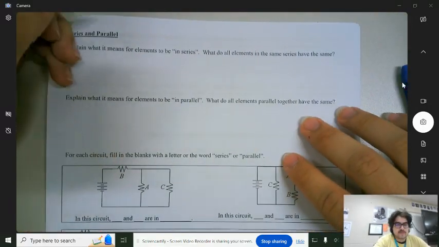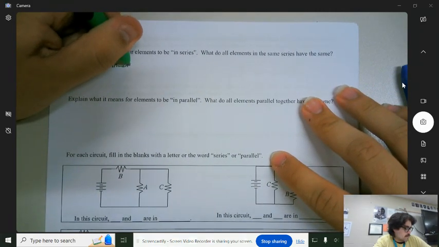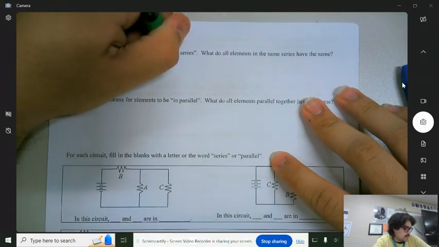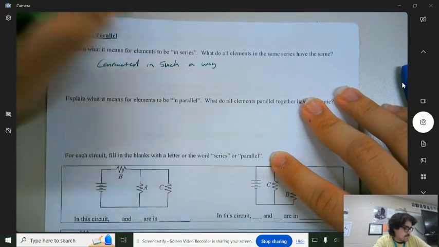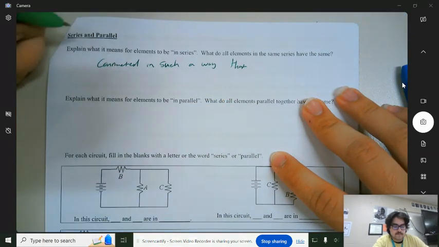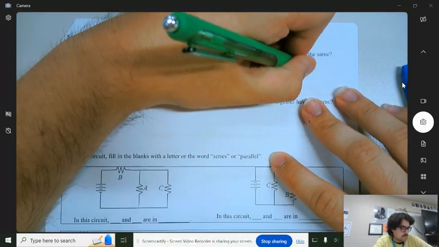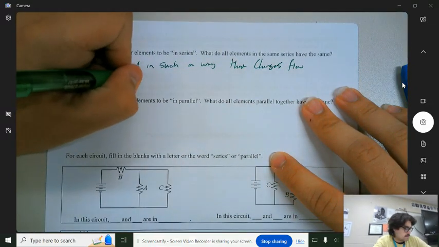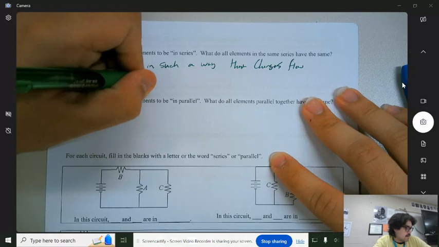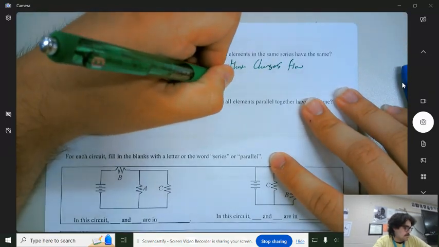So when we say that elements are in series with each other, it's connected in such a way that charges flow out of one element and into another.